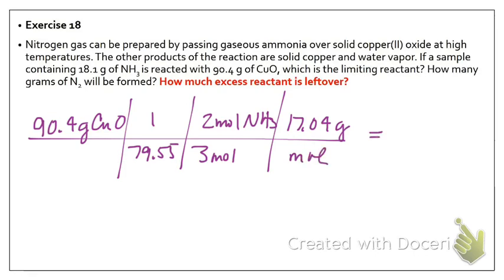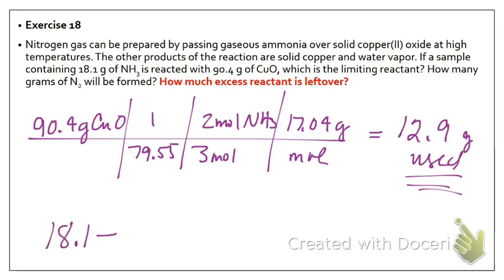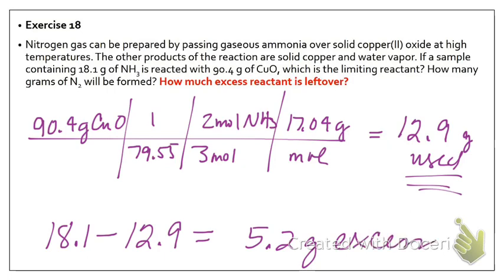And then what we get is that it would take and use up 12.9 grams used. That's how much is used up. That's not how much is left. So then we take the original amount of 18.1 and subtract 12.9, and that would leave us 5.2 grams of excess reactant. So when we did that reaction, we would have 5.2 grams left over.